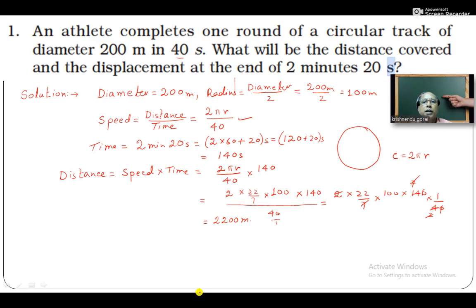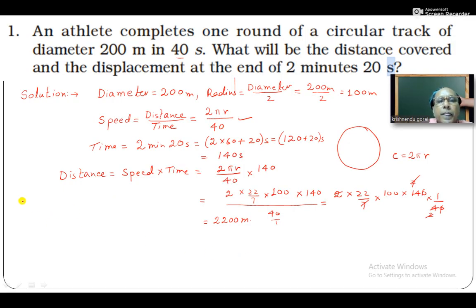Now, if you want to find the displacement, what is the question? What is the distance covered and the displacement at the end of 2 minutes 20 seconds, right? In 2 minutes 20 seconds, how many rounds the athlete makes, that I want to know, right?